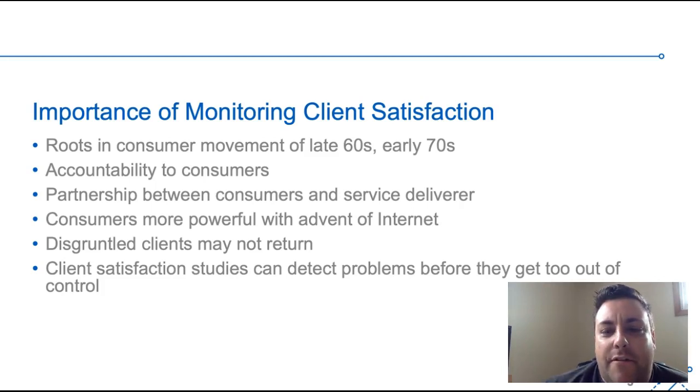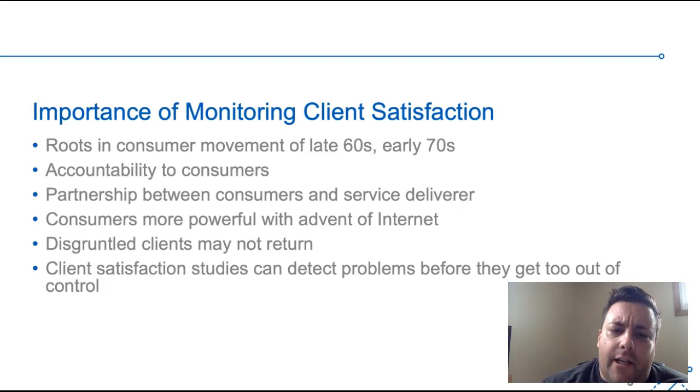Typically, human services and healthcare were shielded from traditional market dynamics and things like customer satisfaction and client satisfaction. But that started to change in the 60s and 70s as people realized, for better or for worse, that people should be happy with the services they were getting, and satisfaction with services is really a part of the dimension of change.